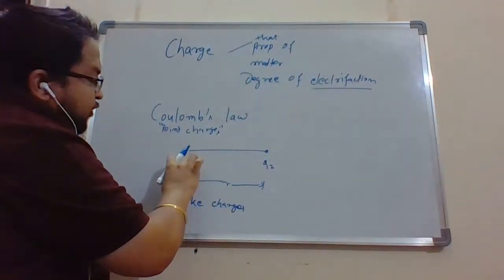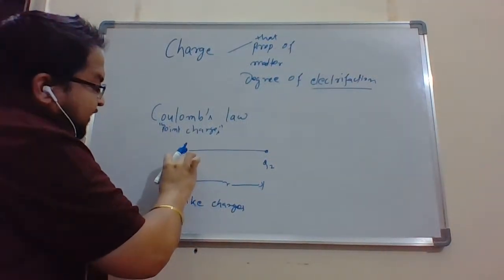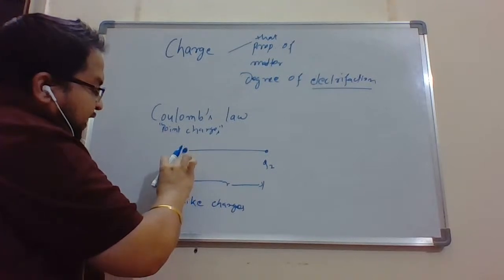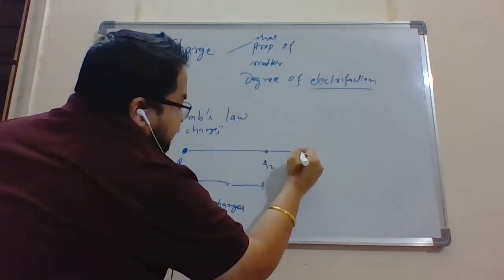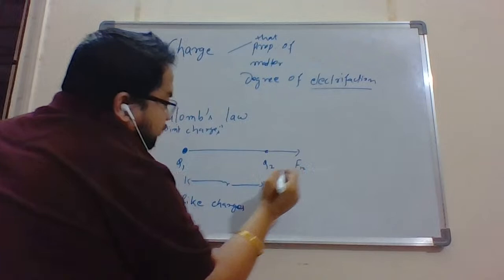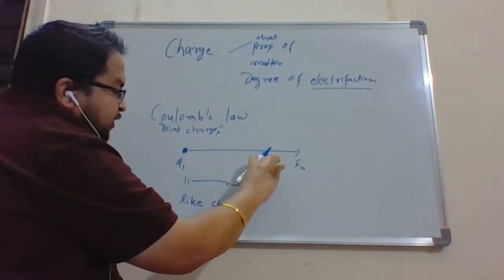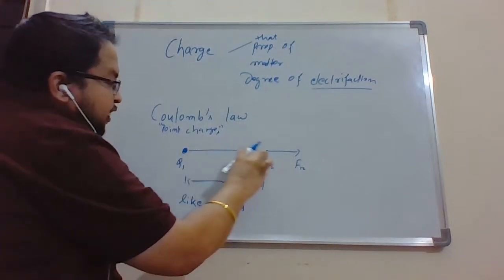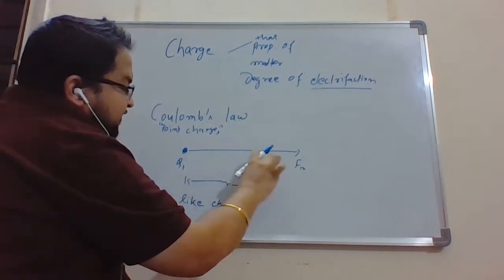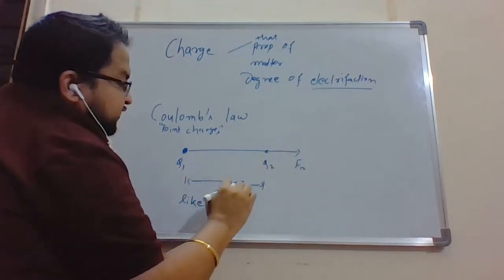So the electric force exerted by one charge on the other, say F12, is the force experienced by Q2 exerted by Q1. Obviously, as they are like charges, it will be repulsive in nature.